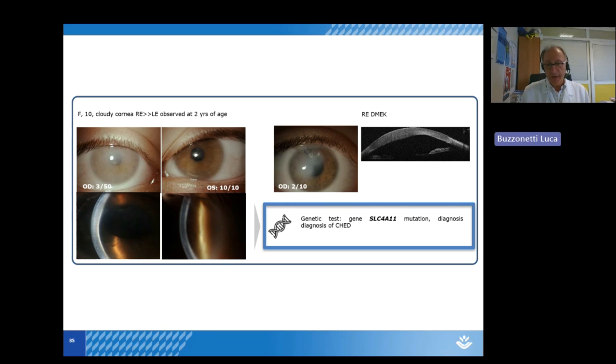So finally, I achieved a partial clear cornea. But anyway, the visual acuity arrived to 0.2. So considering the deep amblyopia, finally a good result.